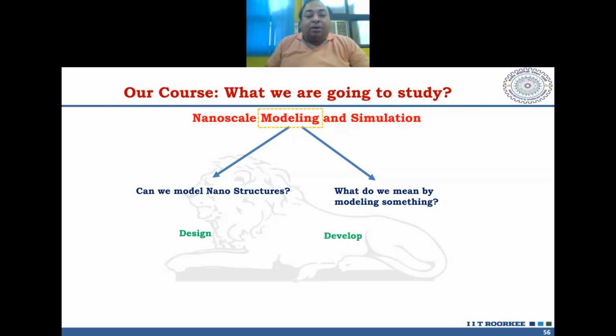Modeling something is categorically divided into two parts. One is designing and another is development. What is designing? Designing means changing or modifying according to our requirement something which does not exactly need to be developed. It is there, but we are modifying it according to the requirement of our planning, of our experiment.